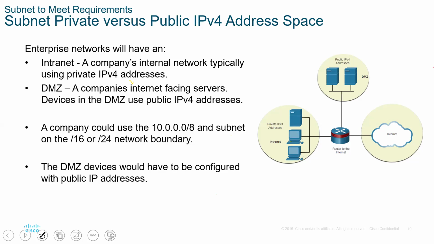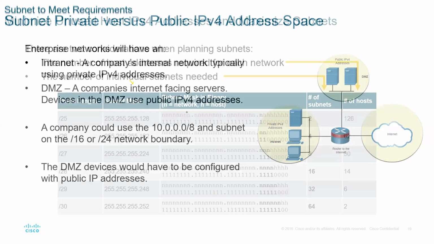So a company could use 10.0.0.0/8 and subnet on the /16 or the /24 network boundary. You may have this block and want to subnet on a /16 or /24 network boundary. The DMZ device would have to be configured with the public IP address.